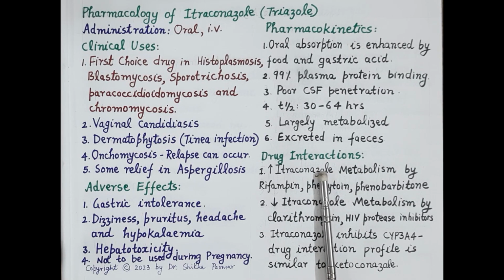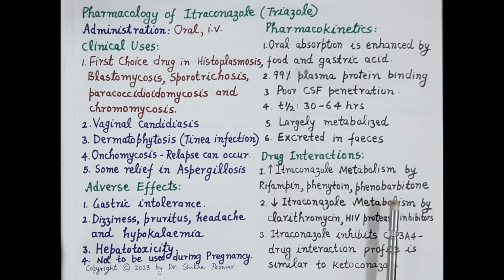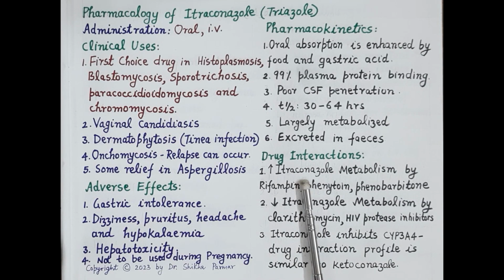Now drug interactions. Itraconazole shows drug interactions with several drugs. Drugs like rifampin, phenytoin, phenobarbital increase metabolism of itraconazole, and thereby these drugs reduce plasma concentration of itraconazole.